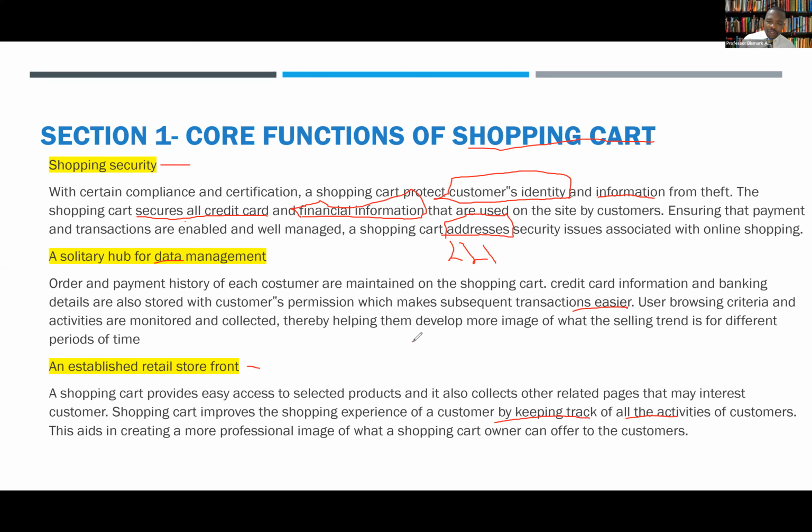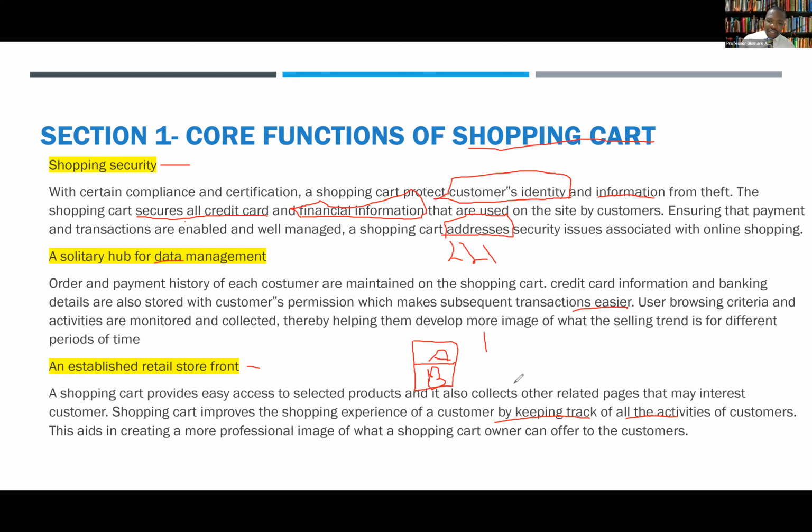You've done this before. You go on a particular website, you see that they have product A, they have product B. Sorry, I told you it's very hard to draw.